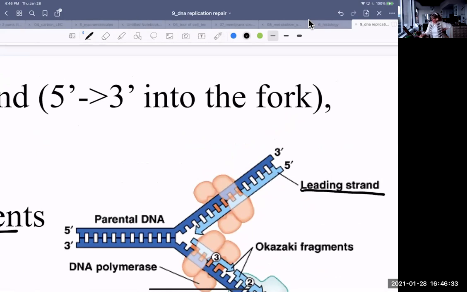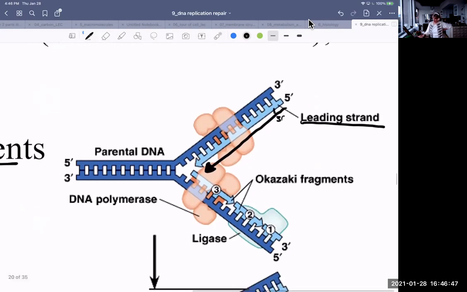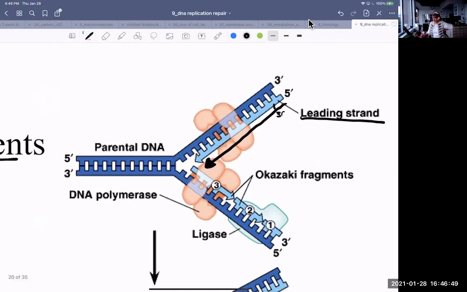So in this case, this new strand is being replicated continuously. It can do that because this is the 3' here. It can be added onto the 3' of the new strand, no problems. But you can't do that with the lagging strand because it's running in the opposite direction.